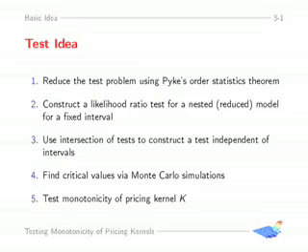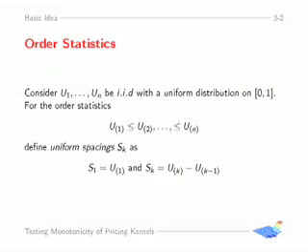Then we expand this fixed interval likelihood ratio test to a multiple test, which is independent of any interval, using a test intersection procedure. In this step, we also find critical values using Monte Carlo simulations, and finally we take the decision about the monotonicity of the pricing kernel by comparing the critical values from Monte Carlo with the test statistics obtained from observed data. That's the test outline, and we start with step 1.